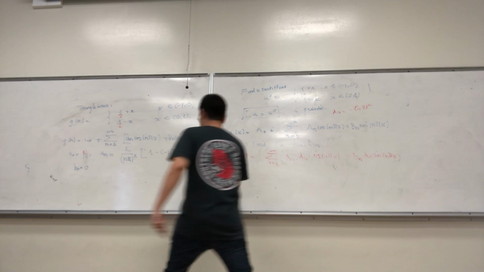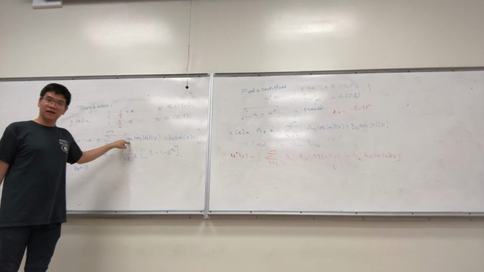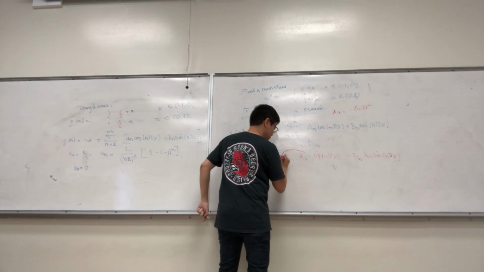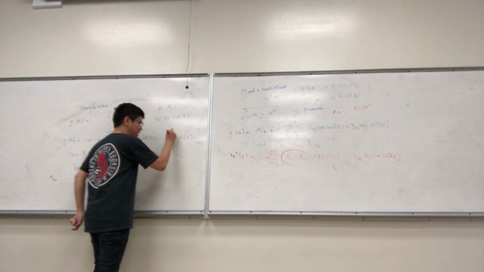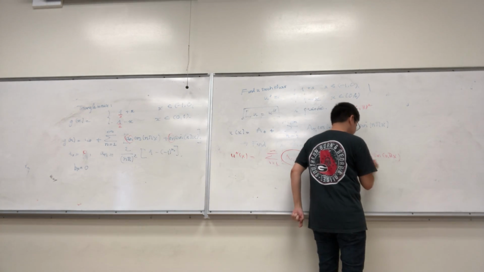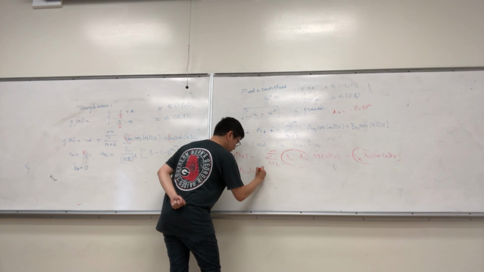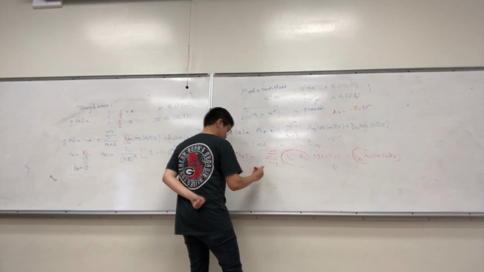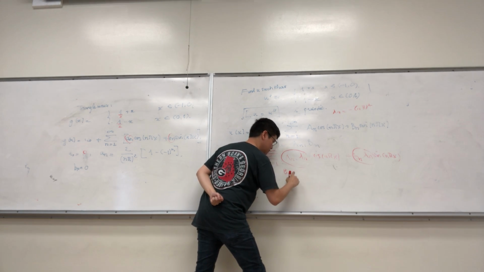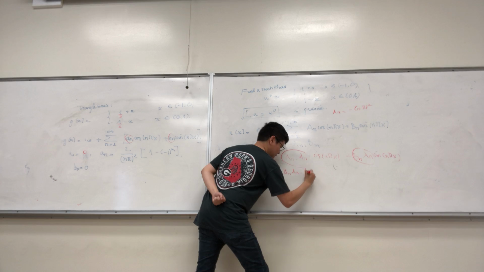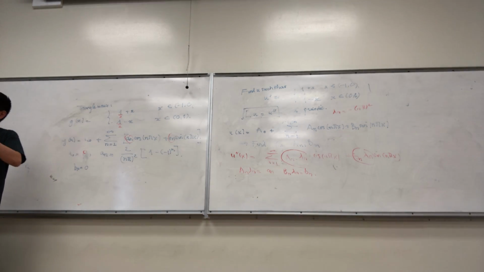You have a_n lambda_n equal to this a_n, and b_n lambda_n equal to this b_n.